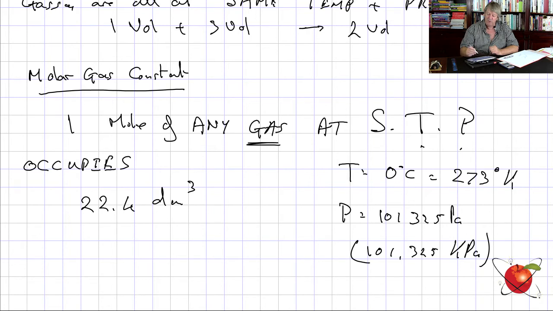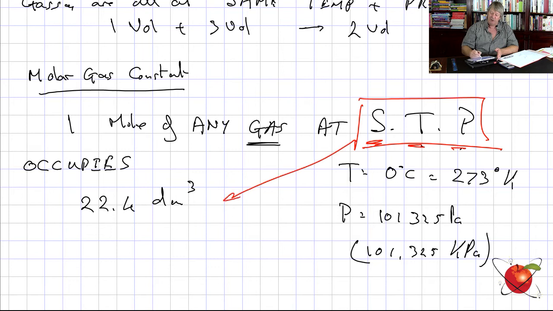The moment you see, when you're reading it, they talk about standard temperature and pressure, STP, immediately you should be triggered to think of 22.4, right? So what would we say?